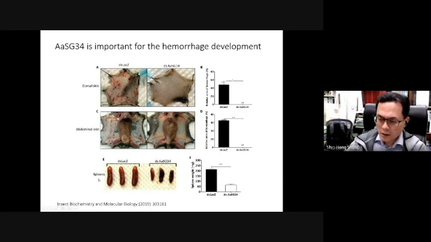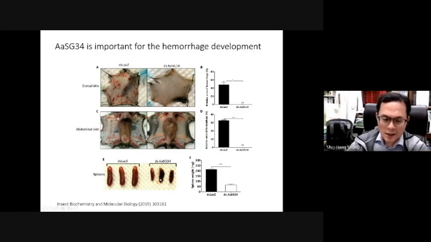And also we look at the spleen. So here we can see that the spleen of the mice that are inoculated with saliva from infected control mosquito is enlarged. But those of the mice that were inoculated with the saliva from infected AASG34 silencing mosquito remain small. It's around 70 milligram.